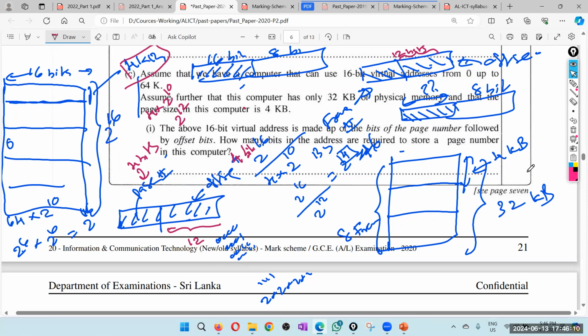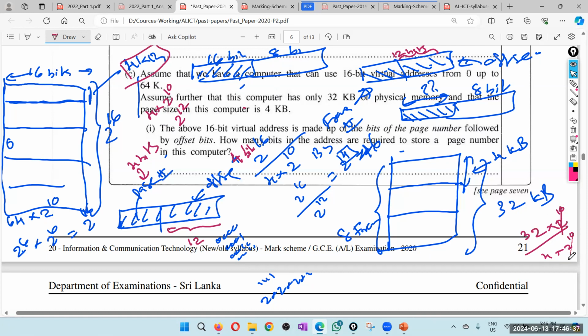on the physical side it is 32 kilobyte and each page can have 4 kilobyte. So how many frames do we have? 32 into 2 to the power 10 divided by one page, because the frame size and page size are the same, 4 into 2 to the power 10, which is the frame size.